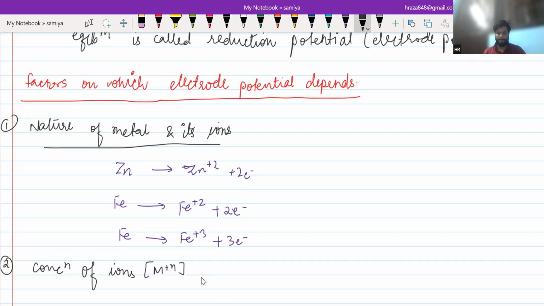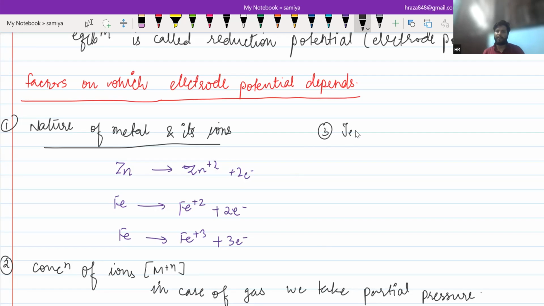Please write it. And also write, in case of gas, we take partial pressure. And the third, which is very important, electrode potential is also affected by temperature, increasing or decreasing temperature.